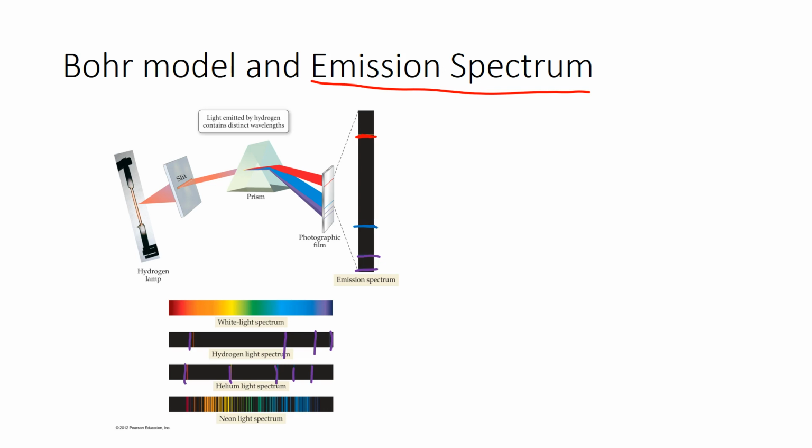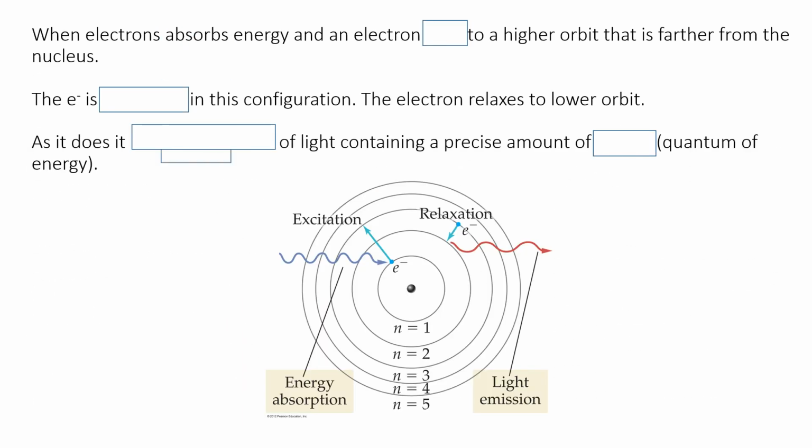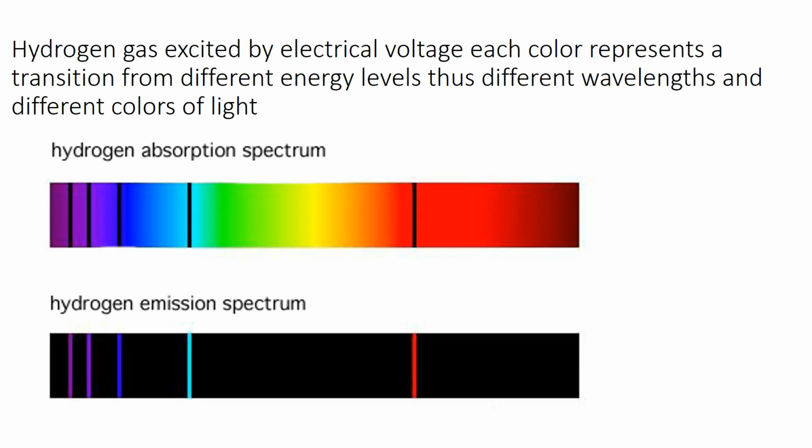I'm going to skip a couple of slides, and I'm going to come back to some things. But back up. All right. So now I want to compare the difference between an emission spectrum, which we just saw, versus an absorption spectrum.